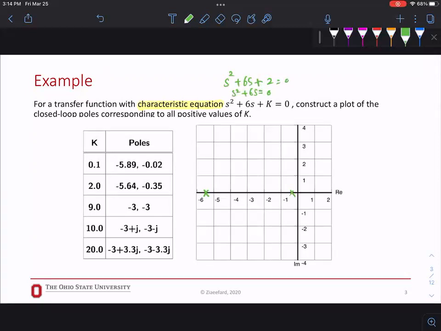That's why the poles change, because I'm changing my equation. And then negative 5.64, close to here, negative 3.5, close to here, then negative 3 and negative 3, those two are on top of each other, negative 3 plus and minus j, then negative 3 point there.